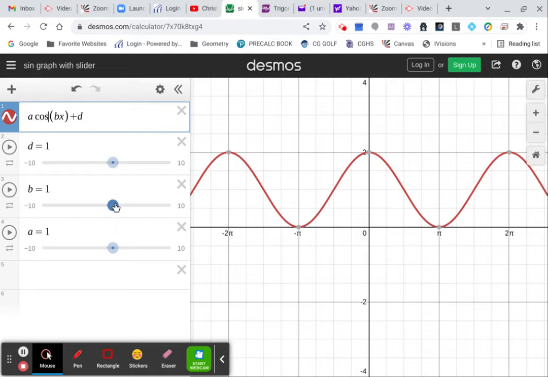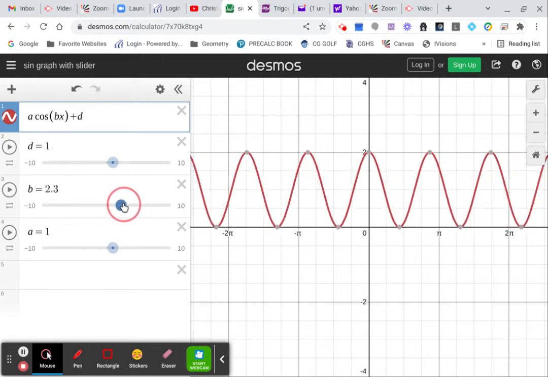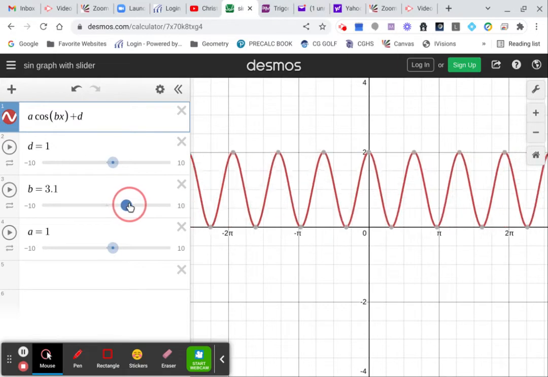Now, is it going to get stretched when the b value is big, or is it going to get smaller when the b value is big? Think about what we did. We took our period and divided by b. So the bigger b is, what happens to your period? The smaller it gets. It's always opposite of what you see in parentheses inside of the function. So as it gets bigger and bigger, it's getting compressed like a slinky, like a spring.